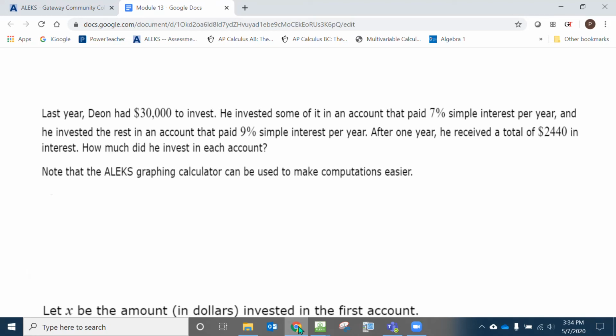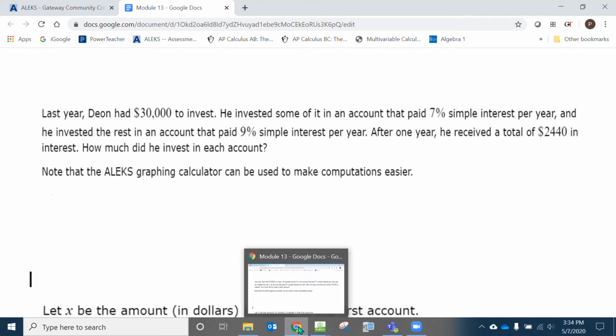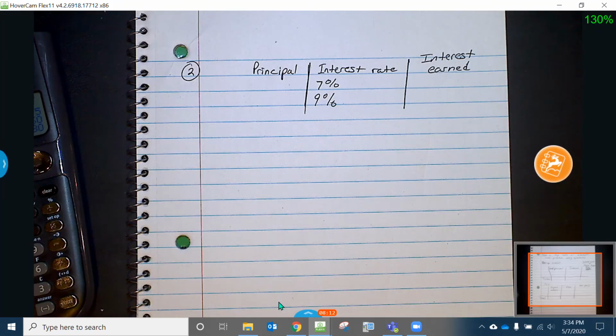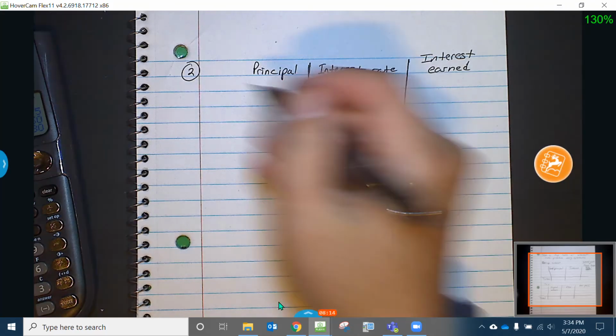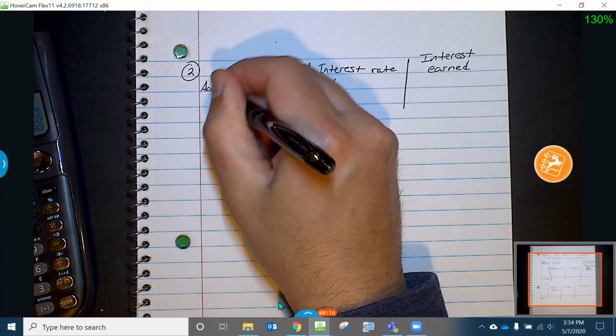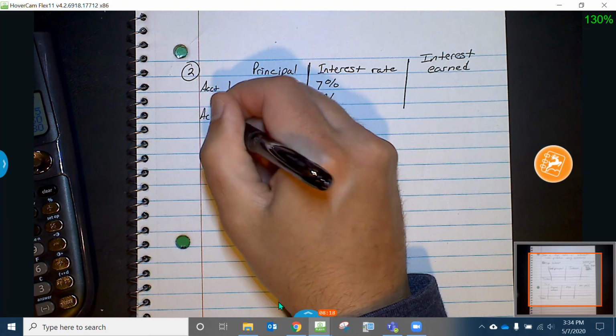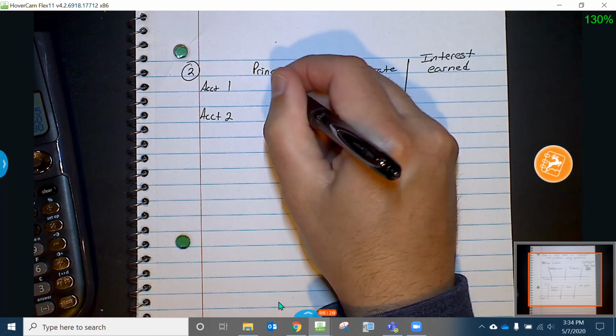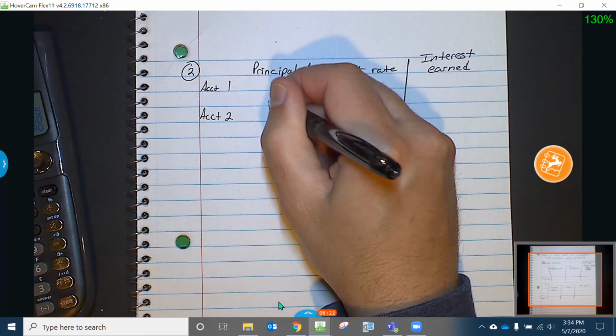One account pays 7%, one account pays 9%. And the question is, how much did he invest in each account? How many accounts are there? There are two accounts. So we're going to go account 1, account 2, and we'll go the x and y.